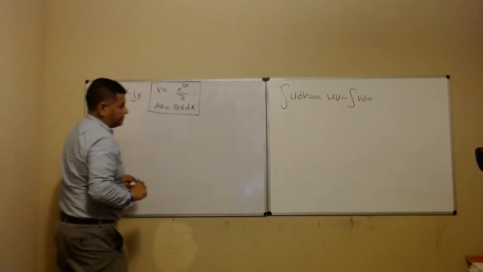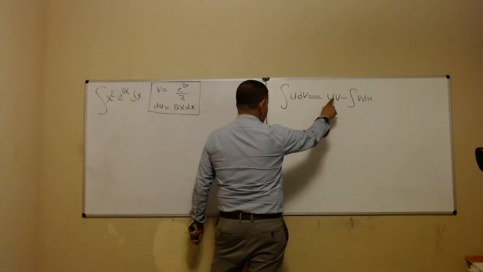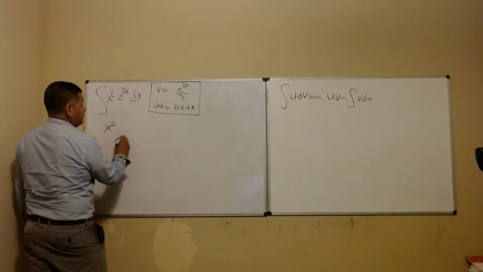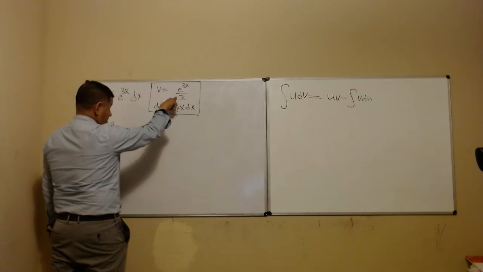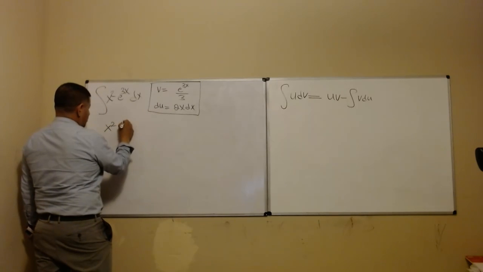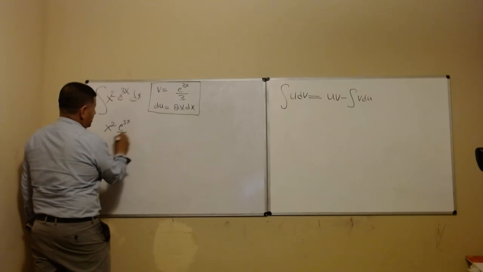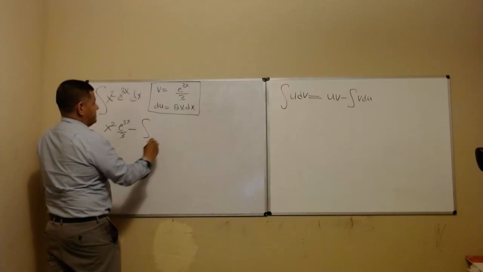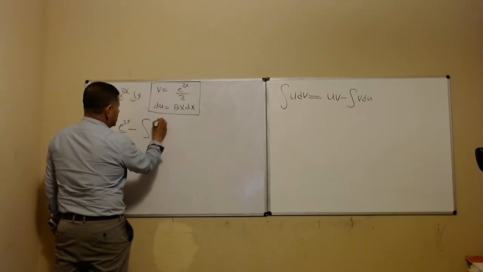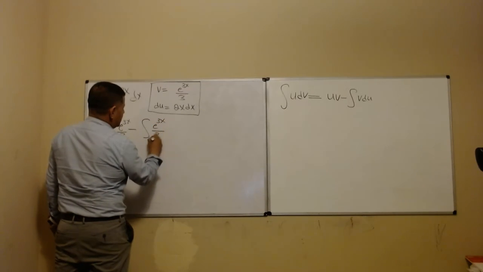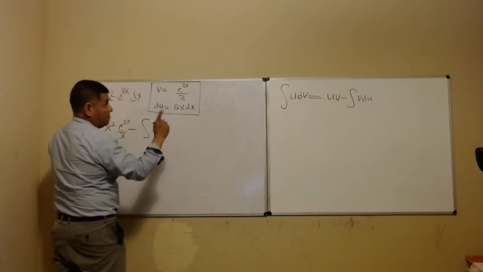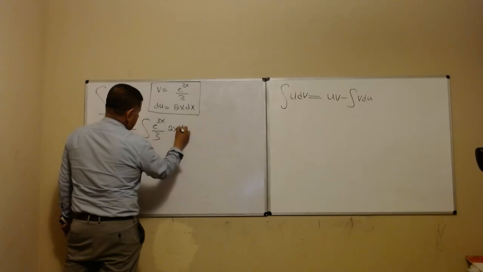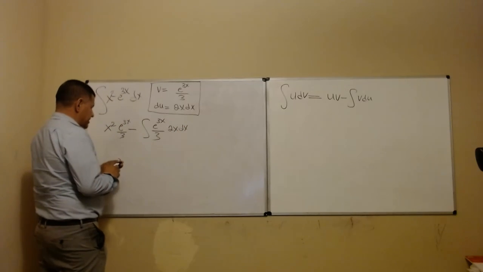In the integration by parts formula, u is x squared, times v, which is e to the 3x over 3, minus the integral of e to the 3x over 3 times du, which is 2x dx.